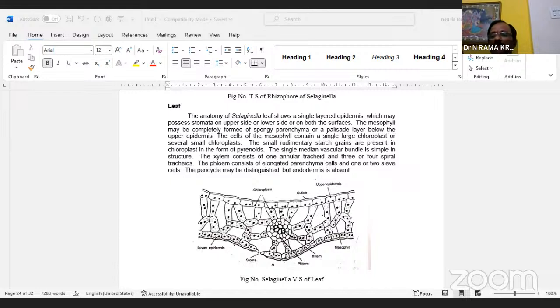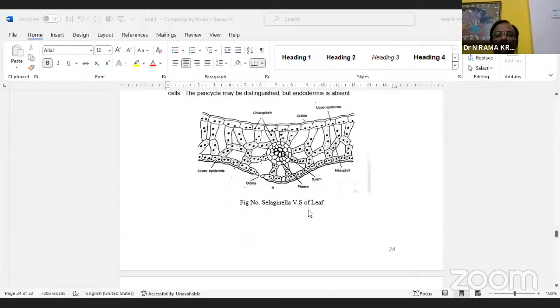Above the epidermis we see a cuticle-like structure. In the lower epidermis we also see stomata. In between is the mesophyll, which contains chloroplasts. And the last, the center part, is the vascular bundles. So this is the leaf.